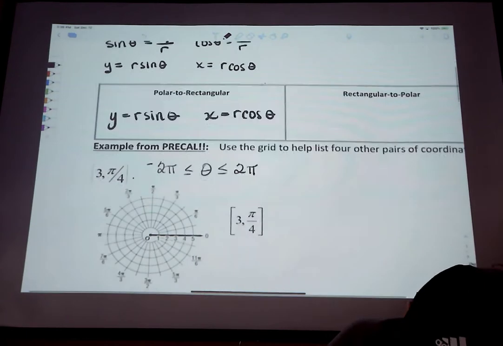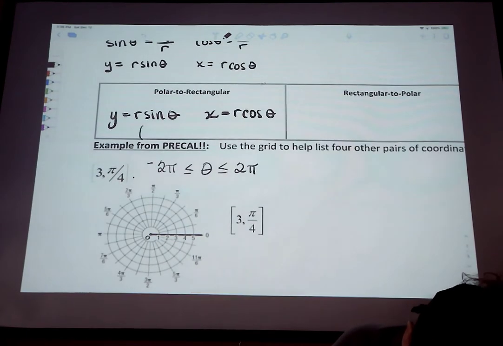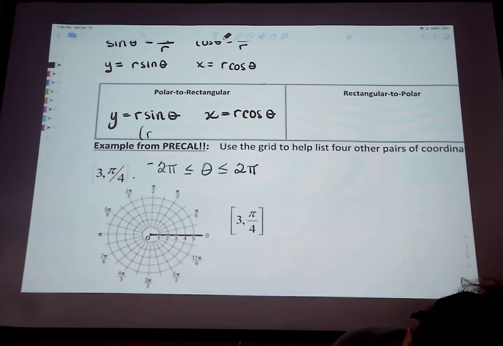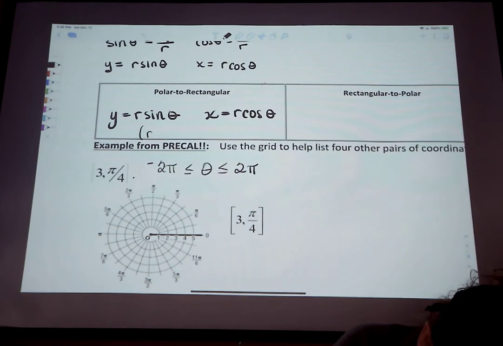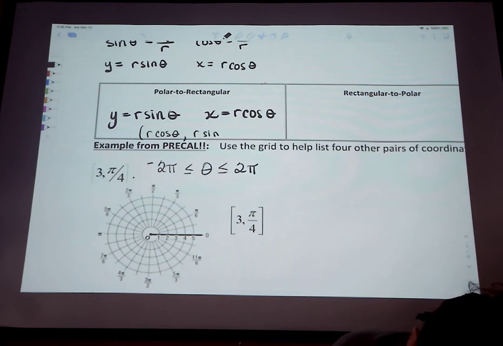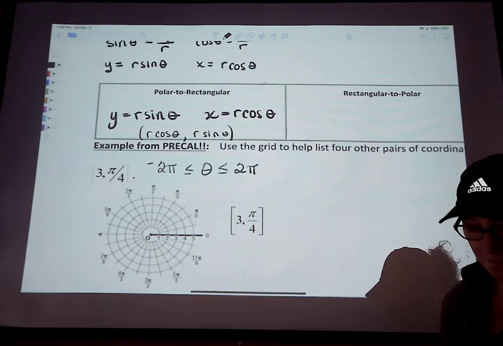If you want to think of them in ordered pair form, you can say as an ordered pair, it's r cosine theta, because that's your x value, and r sine theta, that's your y value.